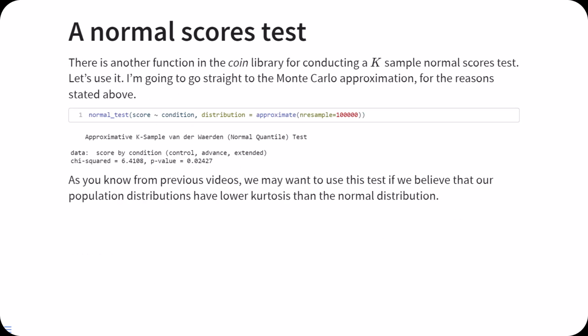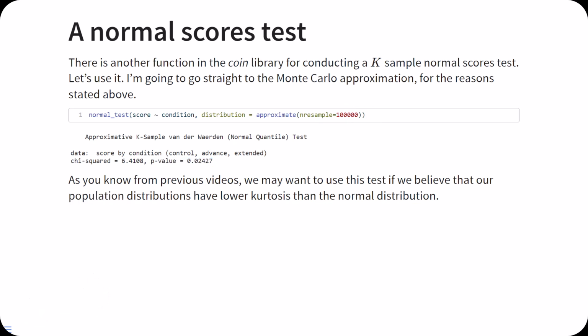There's another function in the coin library for conducting a K-sample normal scores test. Let's use it. I'm going to go straight to the Monte Carlo approximation for the reasons that I stated above. The function is normal_test. Here I'm using a Monte Carlo approximation with resampling 100,000 times, and I'm obtaining a p-value of 0.02427.